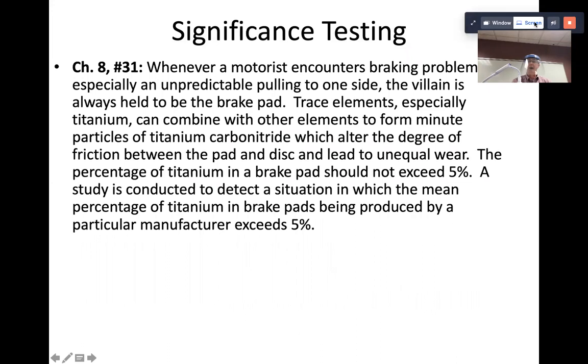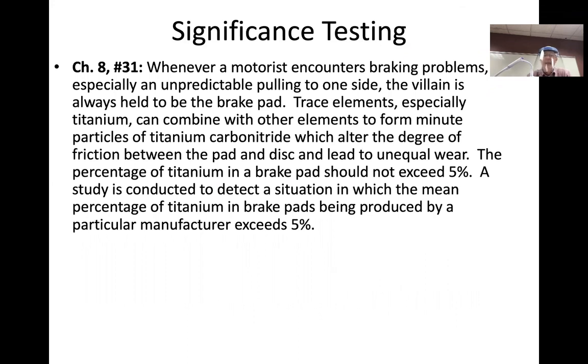So this is the problem about brake pads and titanium in brake pads, and the percentage should not exceed 5%. A study is conducted to detect a situation in which the mean percentage, emphasis on the word mean. So we are talking about doing hypothesis testing about a mean, even though the mean is a percentage, that's a little confusing, exceeds 5%.